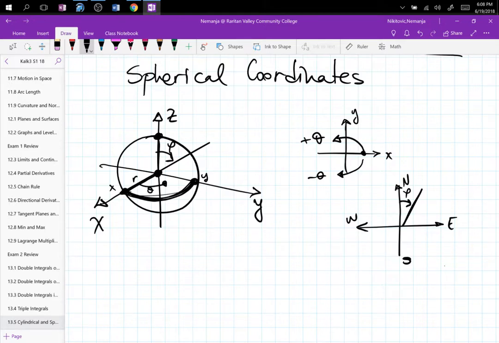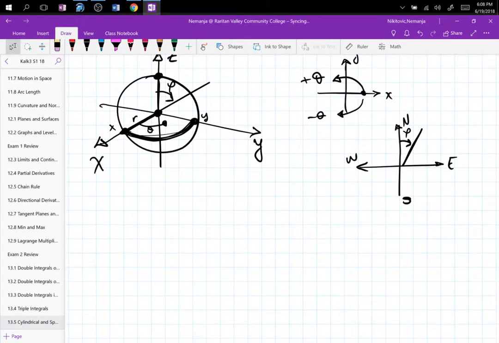Now I hope you understand the way these coordinates work. They're really strange, I'll give you that. The coordinates now are rho for the radius, phi, and theta.